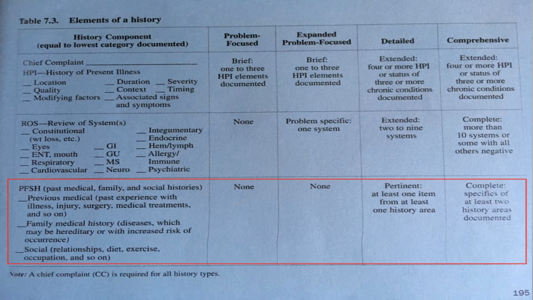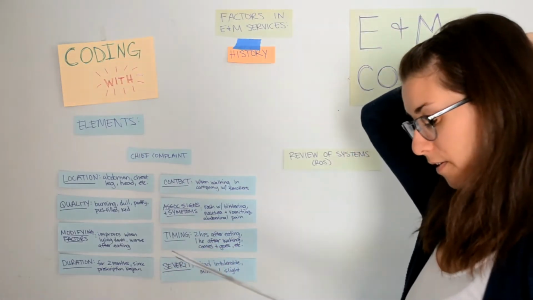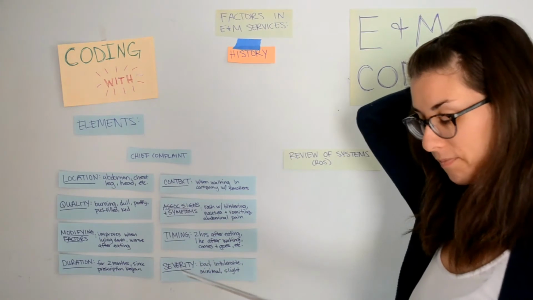So just one, from only one of those locations, or history areas. Comprehensive would be specifics of at least 2 history areas documented. So if the doctor received previous medical and family history, we would call that comprehensive. So now my question is, now what?